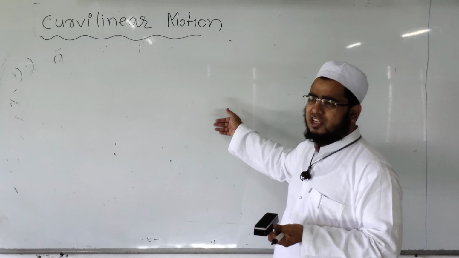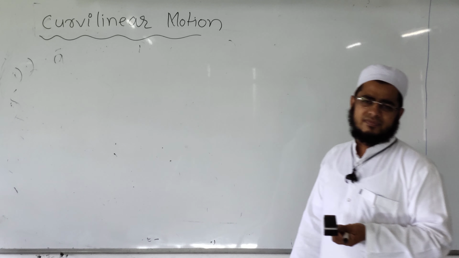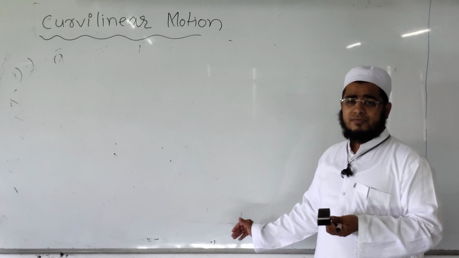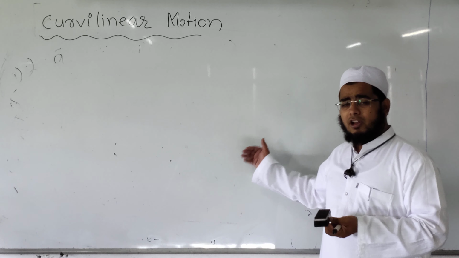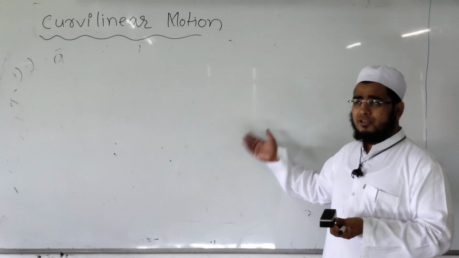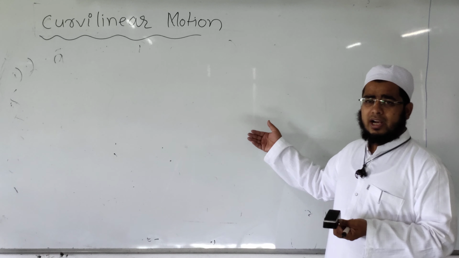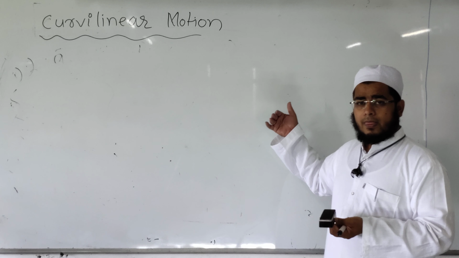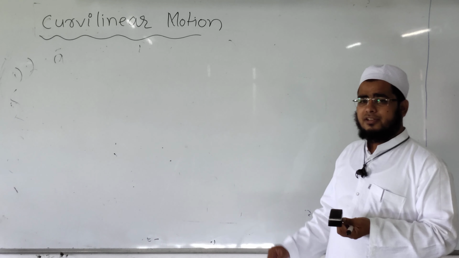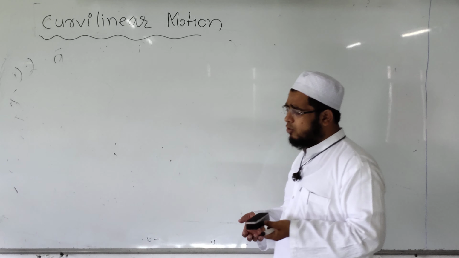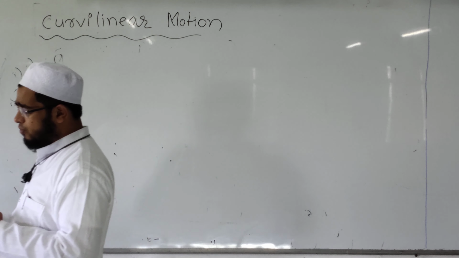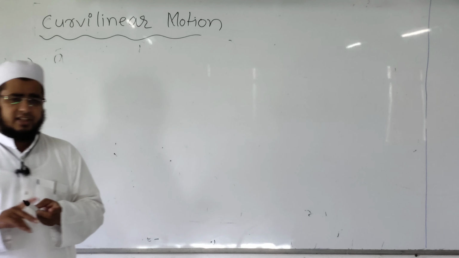Velocity is known, differentiate it, you will get the acceleration. If acceleration is given and we require velocity, integrate it. Velocity is known and we require displacement, again integrate it. So in the rectangular coordinate system, it is very easy to understand.